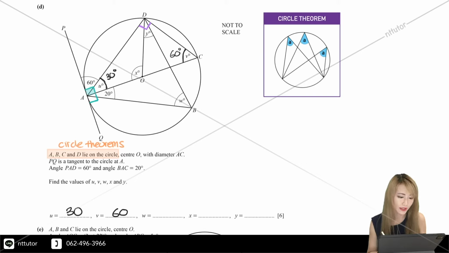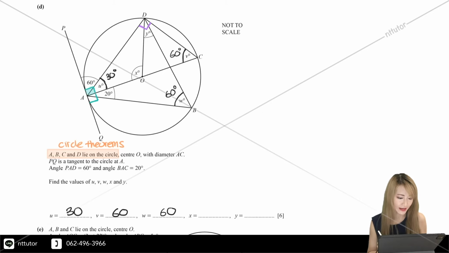If we look at point D and point A, these two angles come from the same segment. Angle V and angle W come from the same segment, meaning angle W equals angle V. And we just found out that angle V is 60 degrees. Therefore, W is equal to 60 degrees. And I will mark that on the diagram.